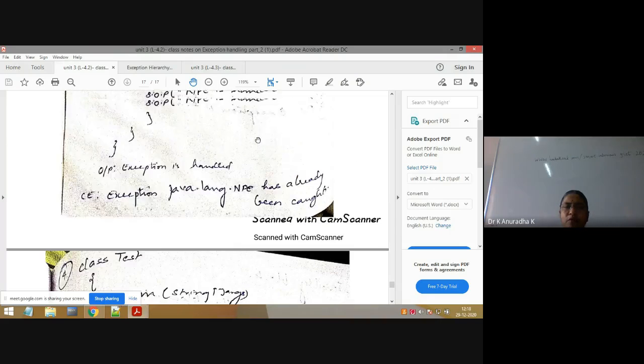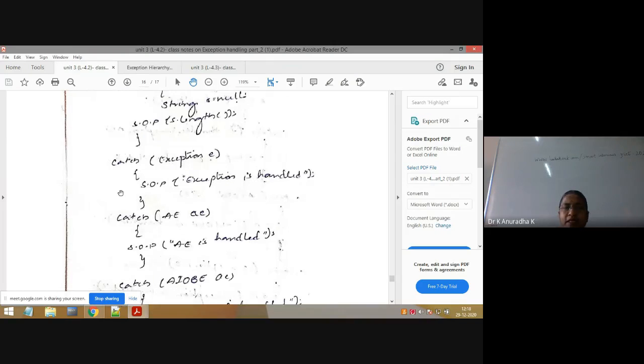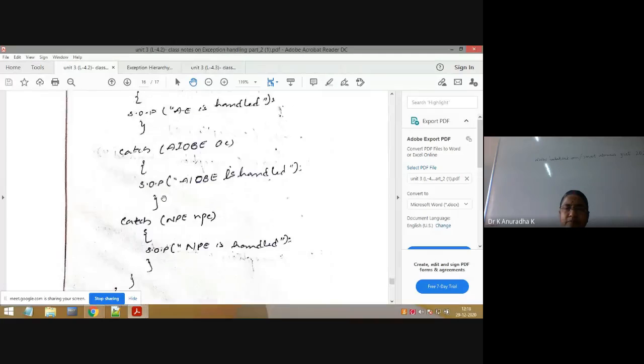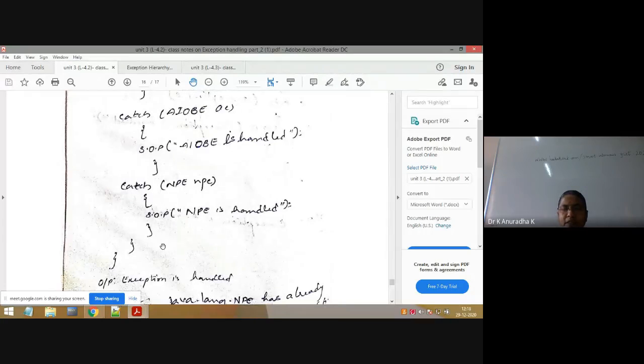How to overcome this: write the catch block for Exception at the end. Then the matching catch block will be found if there is one, and it will be executed.